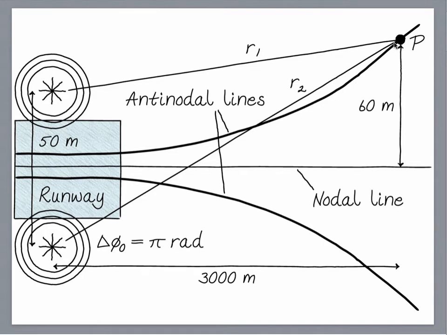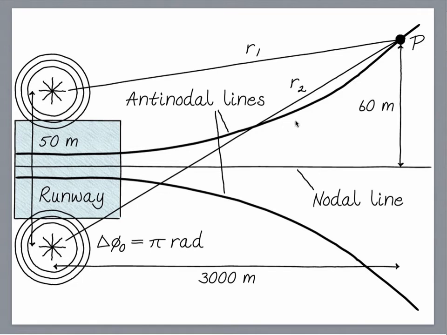So we are going to need to look at this first distance, R1, which will be 3,000 meters in the x direction. And if you notice, the distance from the runway to this first speaker is going to be 25 meters. The distance from the nodal line, the same one we were measuring at this point, is 60 meters. So for the vertical distance, vertical as in on our plot here, is going to be 60 meters minus the 25 meters here.